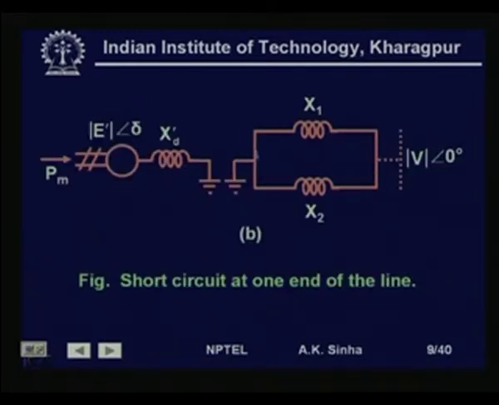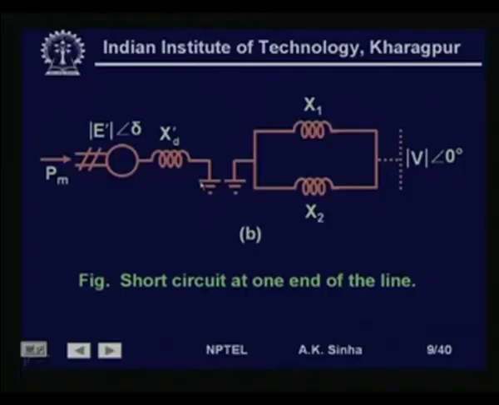The voltage at this bus is shown as 0, it is grounded, and therefore no power transfer can take place under such a situation. That means during the fault period, the electrical power output of the machine will be 0.